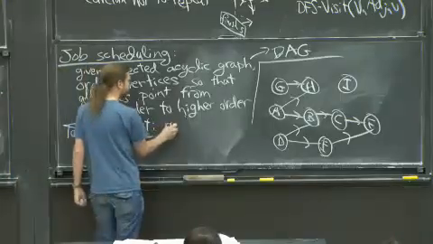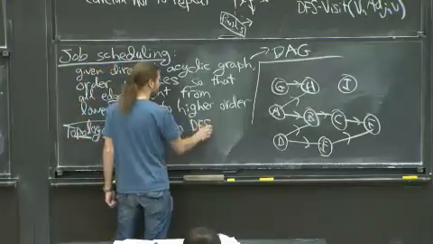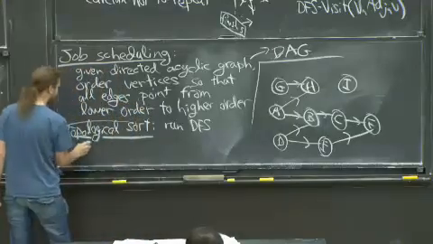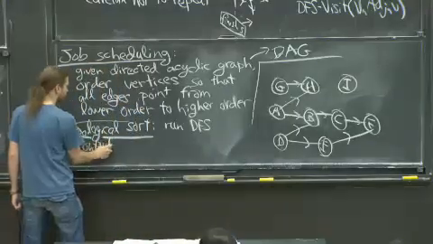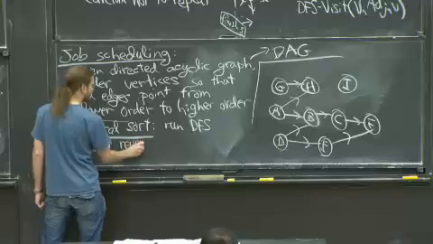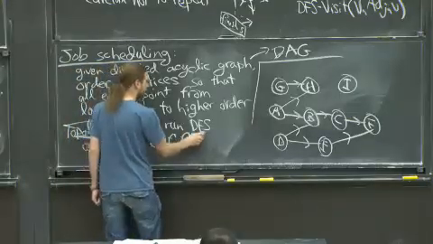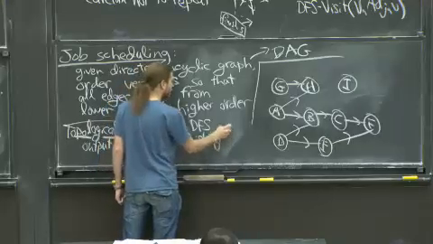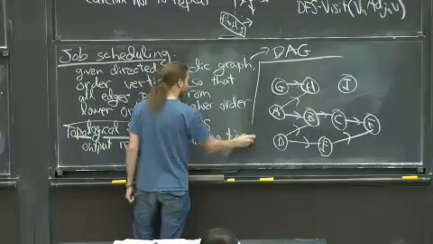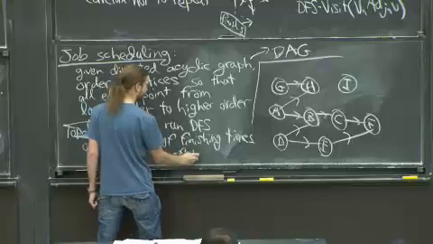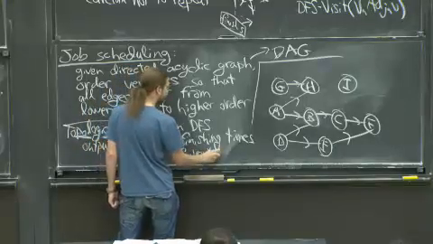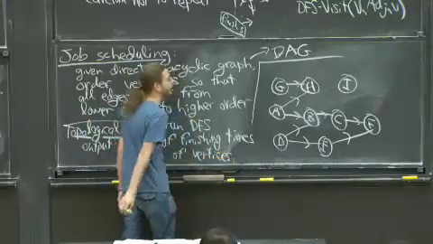It's: run DFS and output the reverse of the finishing times of vertices. So this is another application where you really want to visit all the vertices in the graph.